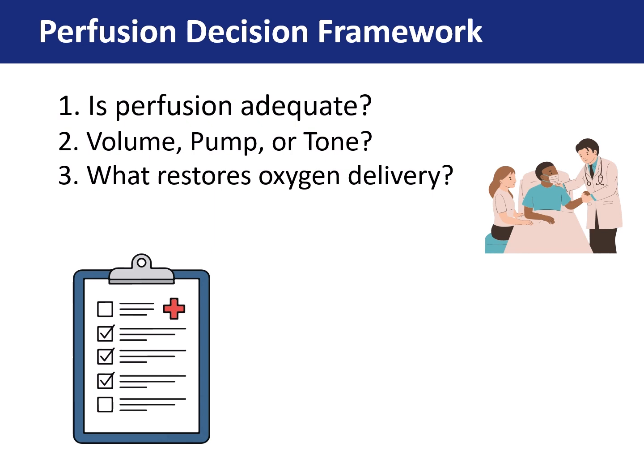Is it a volume problem? Is there too little volume or is it too much? Is it the pump? Is the heart weak? Heart failure. Is that what's going on? And then the tone of the vessel. Can you tell, is the vessel dilated? Is it constricted? We talked about sepsis. Sepsis would tell you vasodilation.